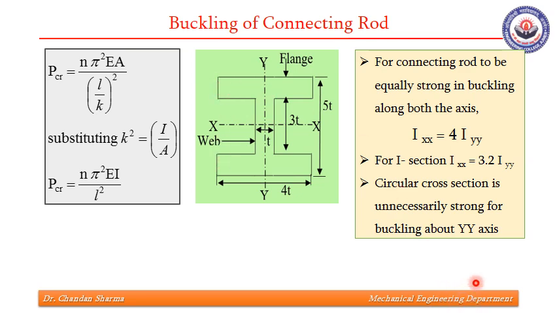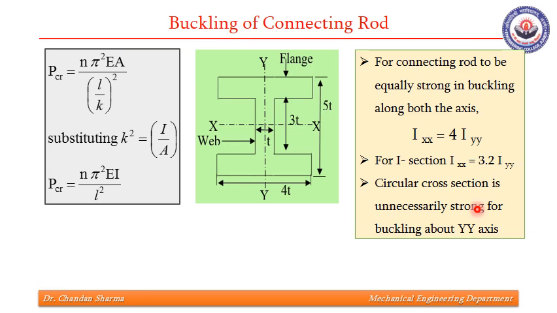So the I section is the only section having a relation in close proximity to the required relation. I repeat, the I section is the only section which gives a value of Ixx equals 3.2 times Iyy, which is closest to what is required for a connecting rod to be equally strong in buckling about the XX and YY axes.